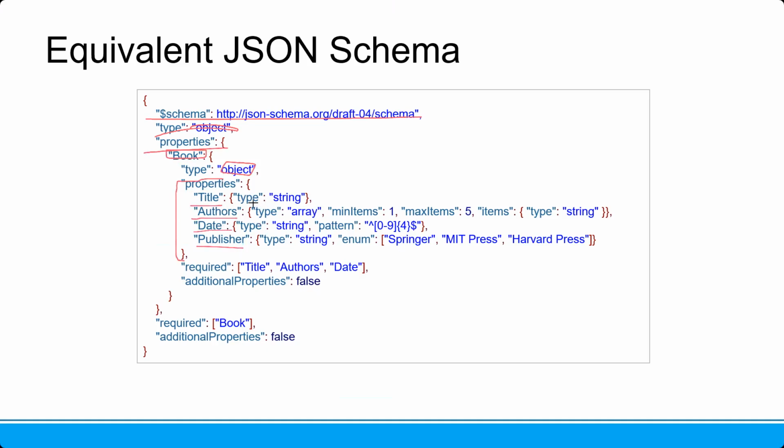The first attribute is string, the second attribute is authors, and the type is array, and the minimum items is 1, the maximum items is 5, and the items will be of type string. And the date will be a string, and the pattern will be something like this.